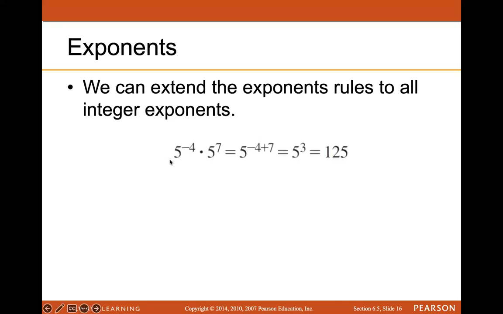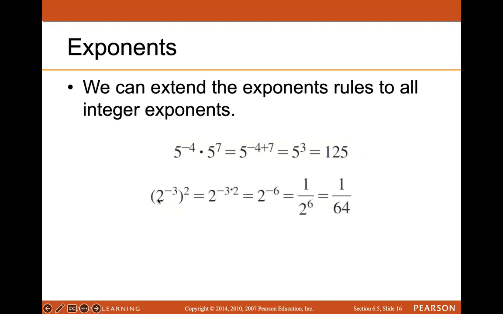All right, so for example, multiplying 5 to the negative 4 times 5 to the 7th, that is the product rule. This is where you add the exponents. So that would be 5 to the power negative 4 plus 7, which is 5 to the third, which evaluates to 125.